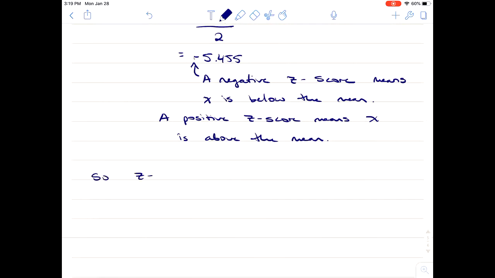So Z equal to negative 5.455 says x equal to negative 4.91 is 5.455 standard deviations below the mean.